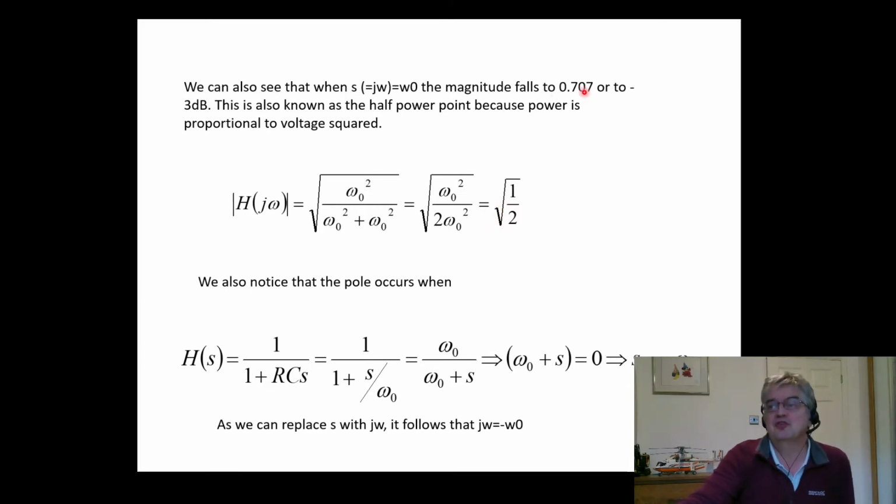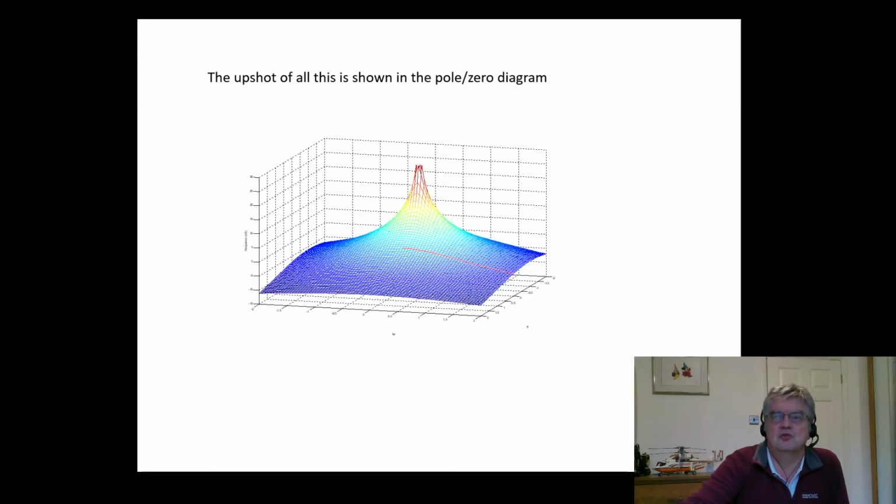So 0.707, 1 over root 2, is an important number in terms of defining features of frequency dependent circuits. And we could also work out where the pole was actually occurring by effectively setting this part of the transfer function to 0, and then working out under what conditions that would be 0, and that happens when S equals minus omega naught. Okay, so it's all sort of basic stuff.